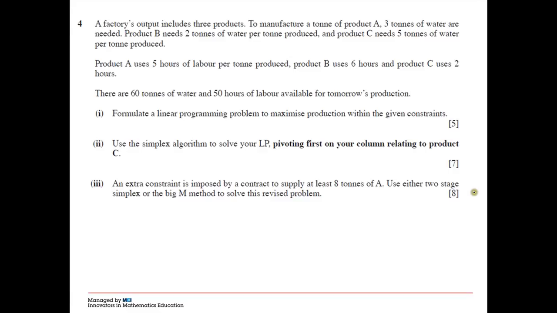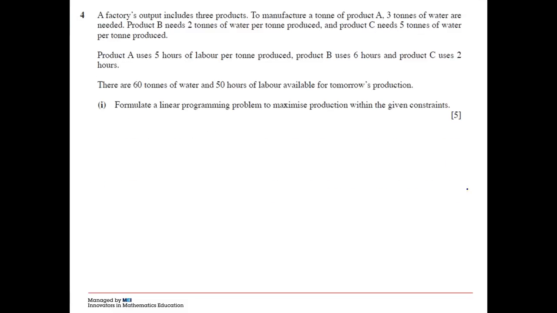This is another question, very similar, as these questions always are. And you can see that it's pretty much the same layout, slightly fewer words here. So it starts off with formulate the linear programming problem. So you weren't given anything this time, you were just asked to formulate. So it's the same procedure. I'm going to call my variables A, B and C this time.